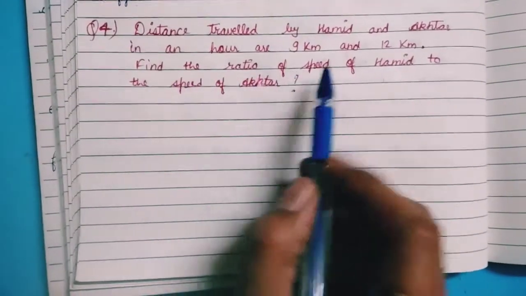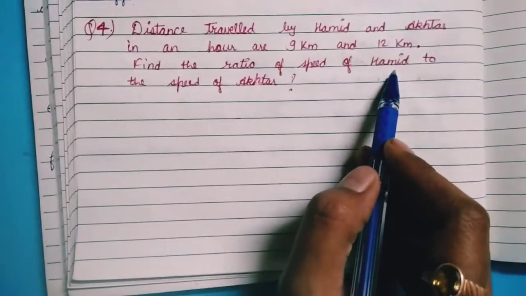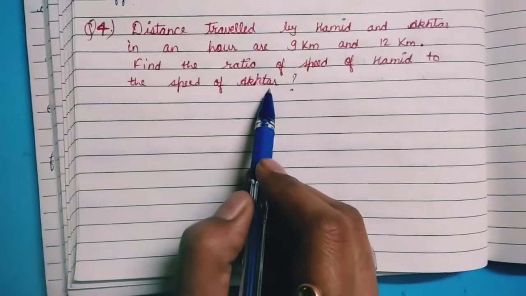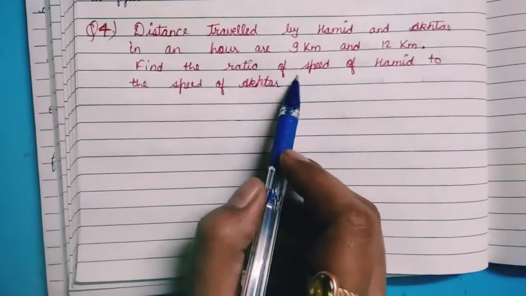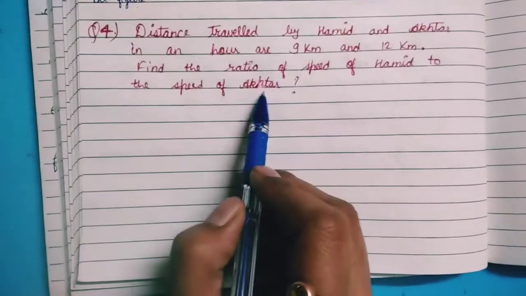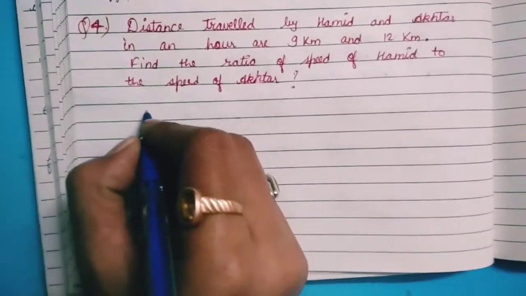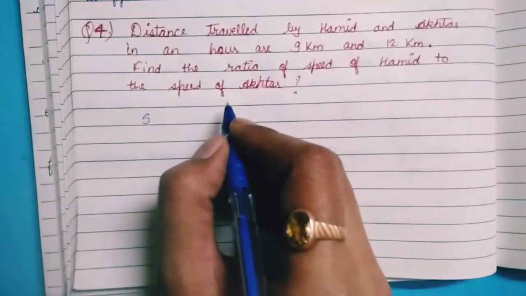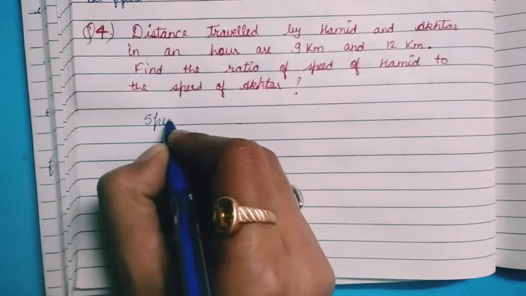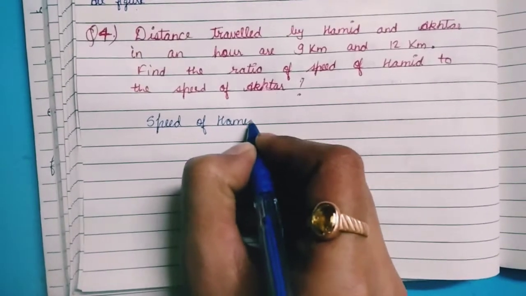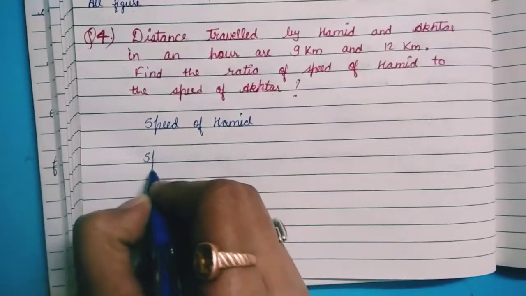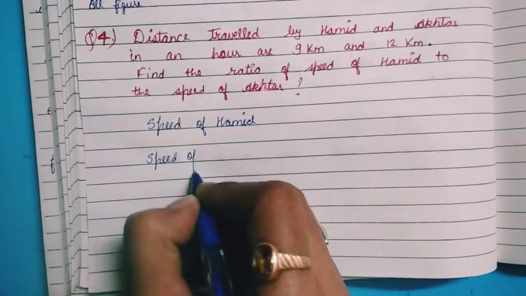Find the ratio of the speed of Hamid to the speed of Akhtar. Okay, so we need to find the speed of Hamid and speed of Akhtar. So it's the ratio we need to find. So firstly we will find the speed of Hamid and speed of Akhtar.